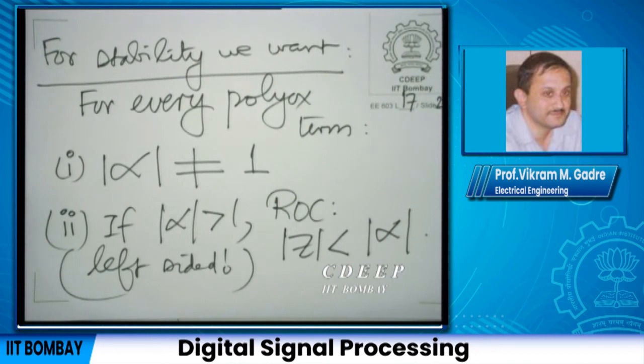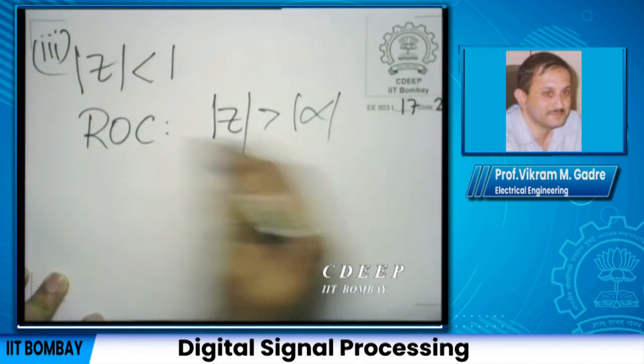Is that correct? If mod alpha is less than 1, then we want the ROC to be mod z greater than mod alpha, because it is right sided.